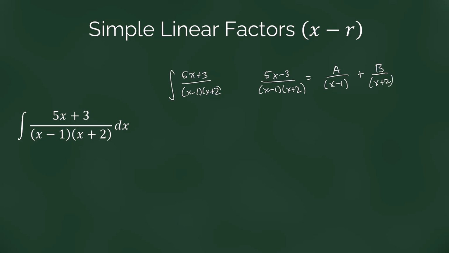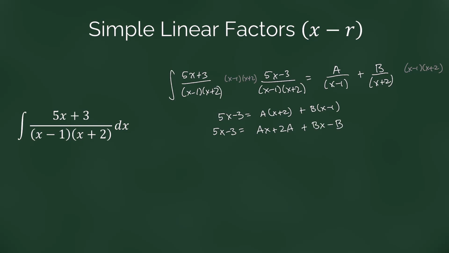Now we'll proceed like we did before, multiplying both sides by (x minus 1) times (x plus 2), and we end up with the expression 5x minus 3 equals a times (x plus 2) plus b times (x minus 1). We'll expand out the right-hand side to get 5x minus 3 equals ax plus 2a plus bx minus b.